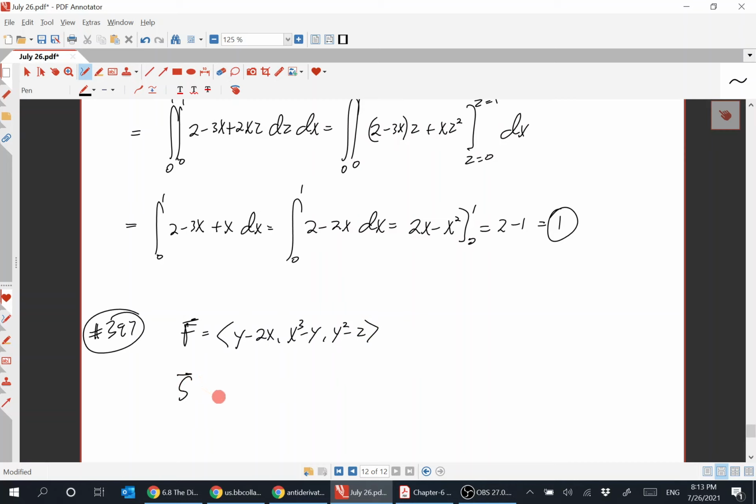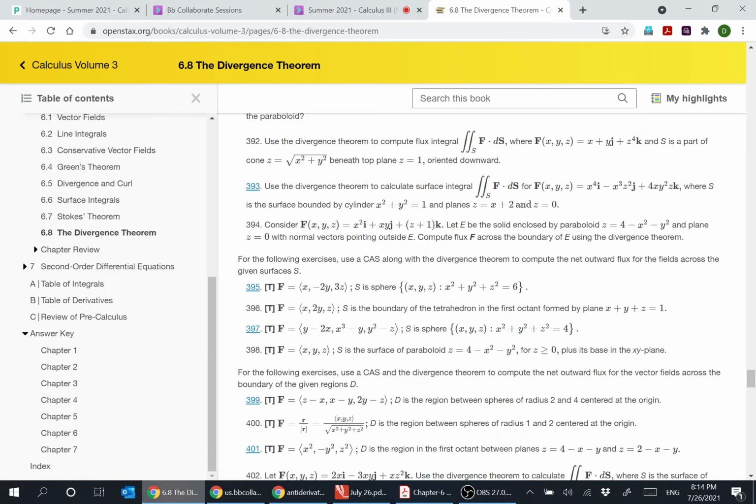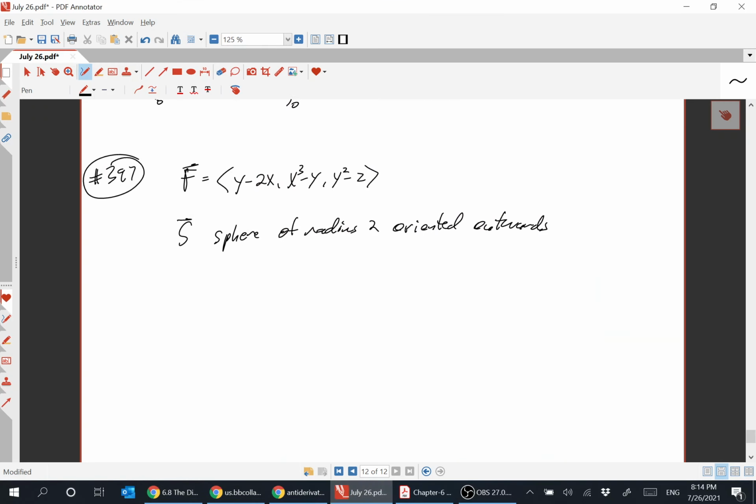And then S is the sphere of radius 2 oriented outwards. Calculate the surface integral of F dot dS over S.